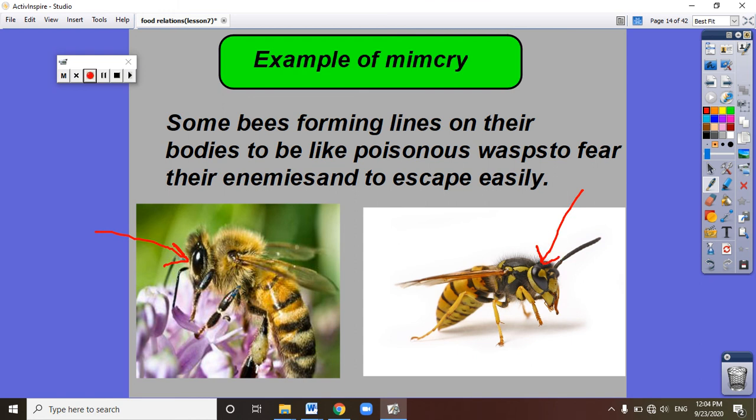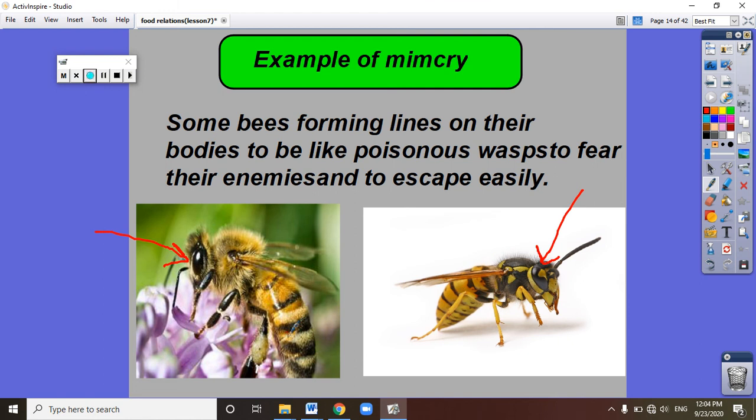Okay, bees are harmless animals. They cannot harm other animals. But wasps, or some kinds of wasps, are poisonous. Some animals fear the wasp. Bees imitate wasps. What is the meaning of bees imitating wasps?